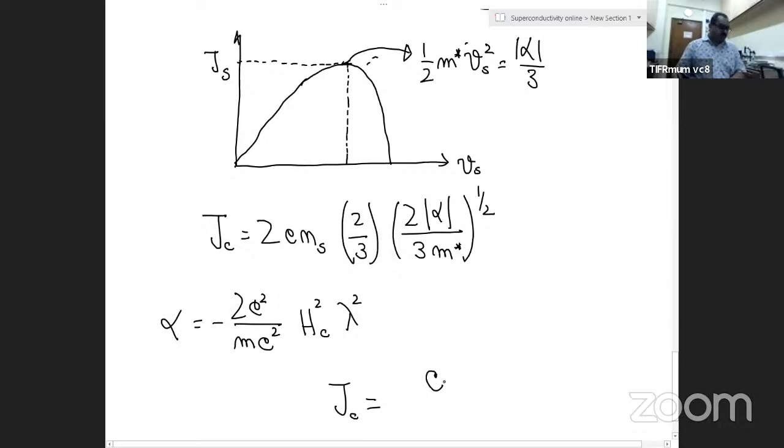So this becomes C Hc divided by 3 into root 6 into pi into lambda.